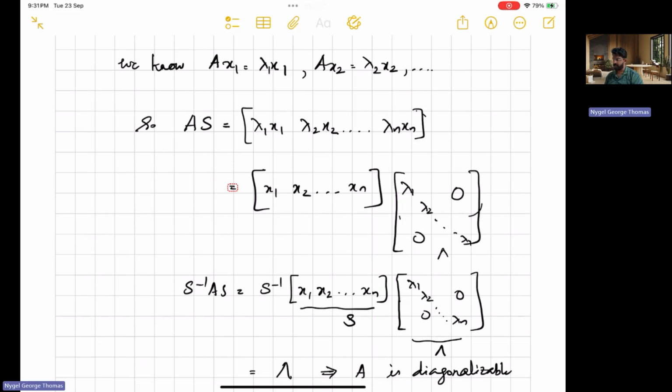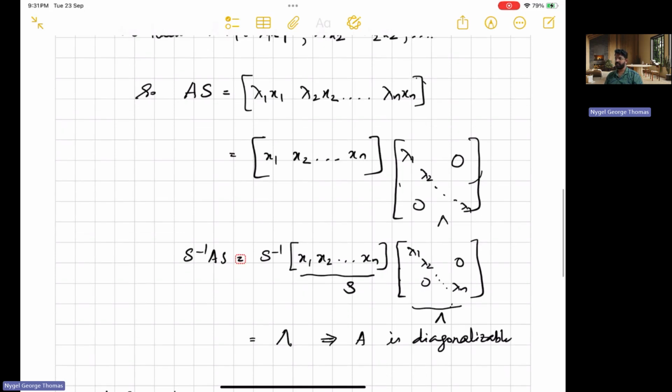S inverse into S will be equal to the identity matrix. Hence S inverse A S is equal to a diagonal matrix, which means A is similar to a diagonal matrix, and hence A is diagonalizable.